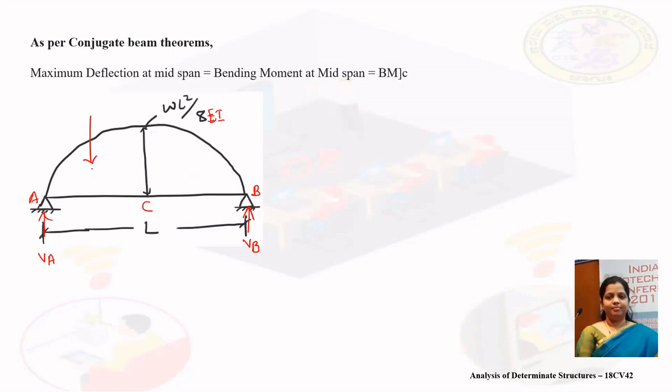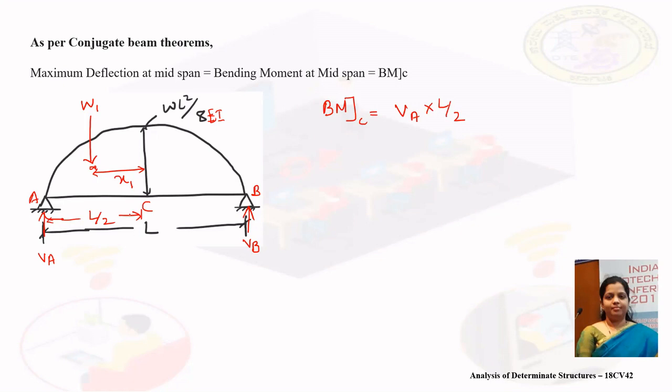The load will be acting at the CG, this area load, let me call it as W1, and the distance between the CG point to the point C, let me call it as X1. The distance between A to C is L by 2. So bending moment at point C will be equal to VA into L by 2.